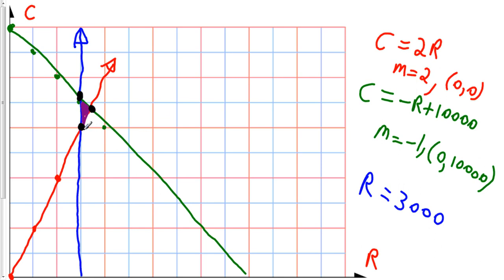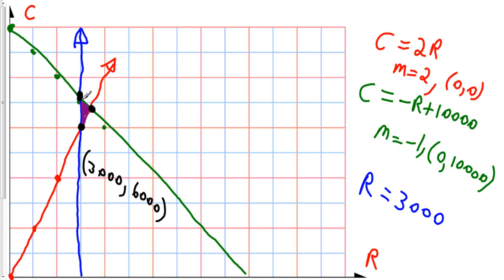So the intersection of the blue line and the red line is the ordered pair 3,000 for r and 6,000 for C. That's one of the vertices of my region.